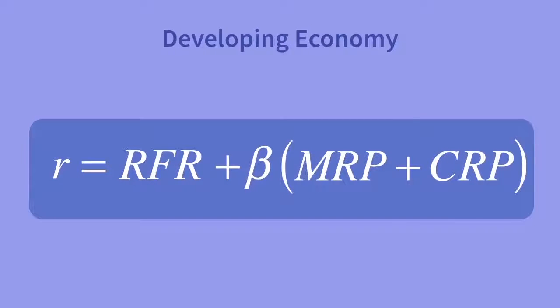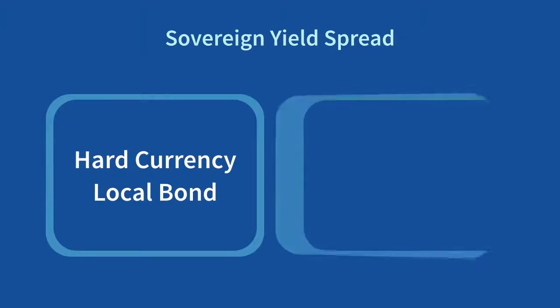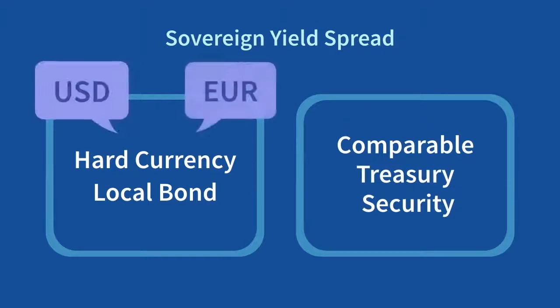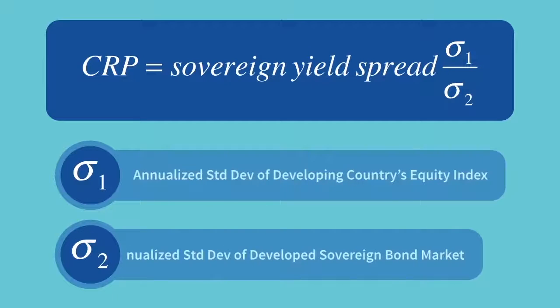Now there are two major approaches to estimating this country risk premium. The first is to just look at a country's sovereign yield spread, the gap between the rate paid on a hard currency bond issued by this local government and a comparable treasury security. The second approach we can use is a bit more complex, involving this sovereign yield spread and some measures of equity market volatility.